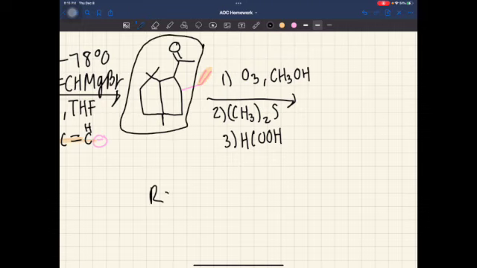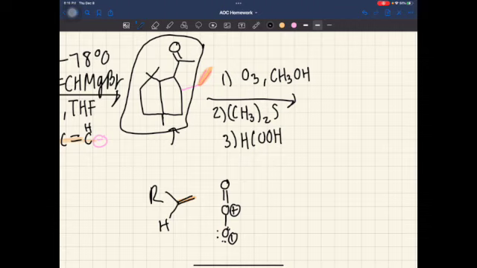So a simpler way to look at it is that our R group here is the structure, and this alkene is right there. So we have our O3, which has one oxygen with a minus and one with a plus.